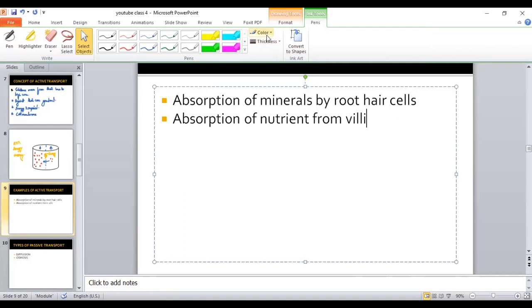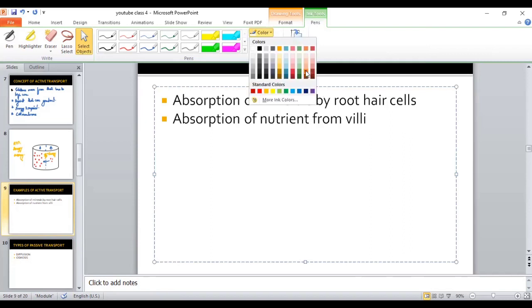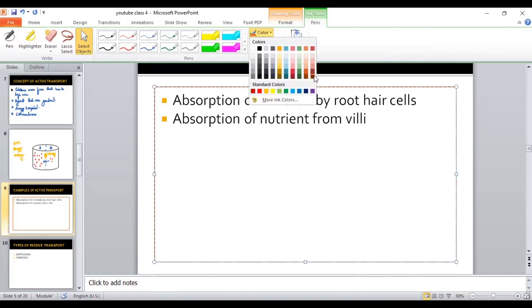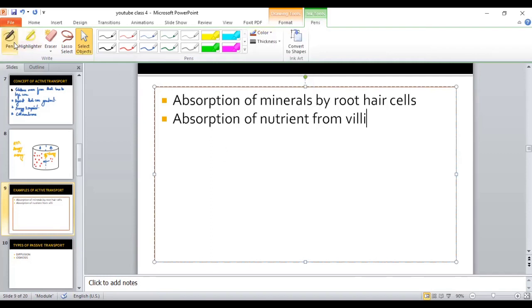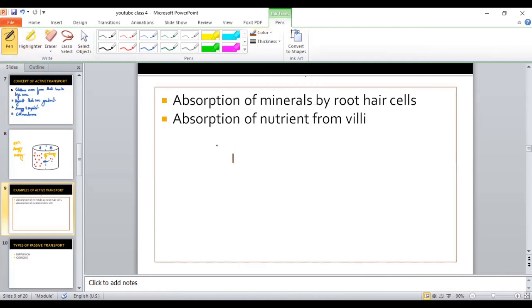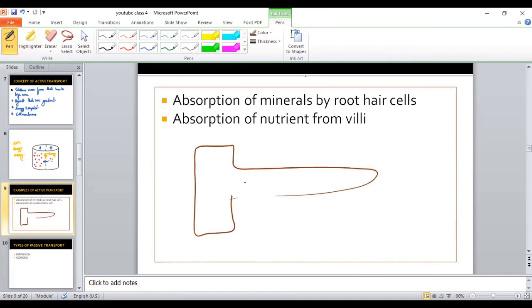Okay, so let's suppose I am drawing the root hair cell here. This is root hair cell. The root hair cell has a high content of minerals.